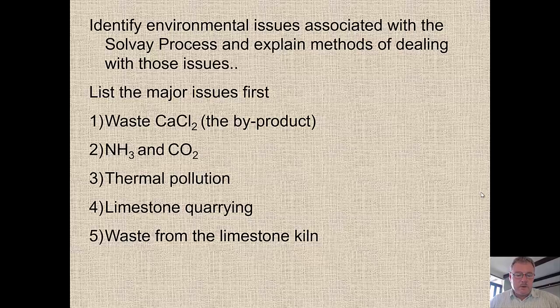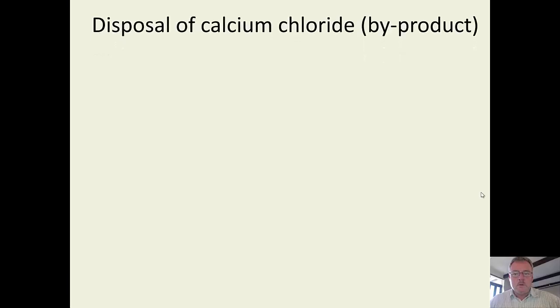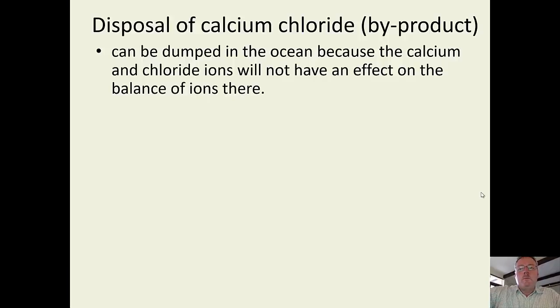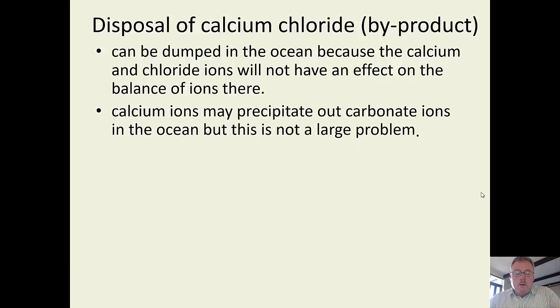That waste has to be put somewhere. It can't be just dumped. It's left over from that process. Calcium chloride often can be put in the ocean, and it won't have a total effect on the balance of ions there.